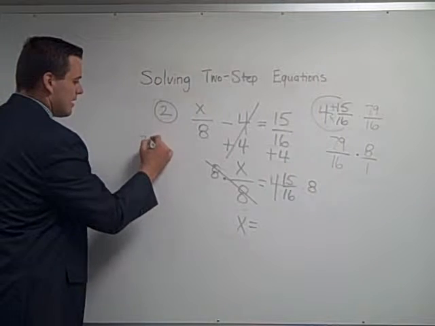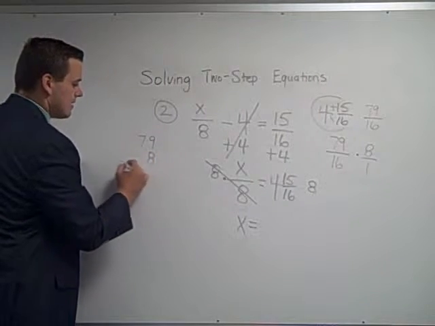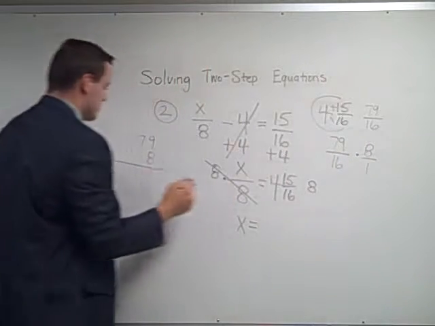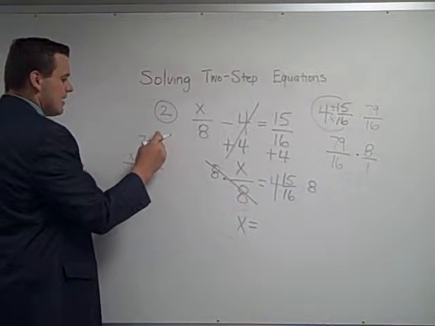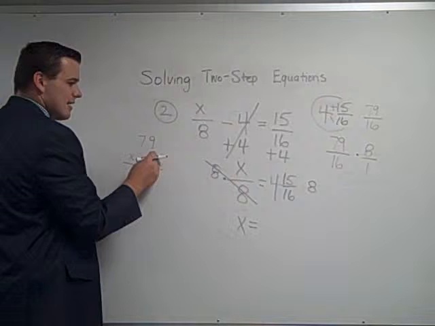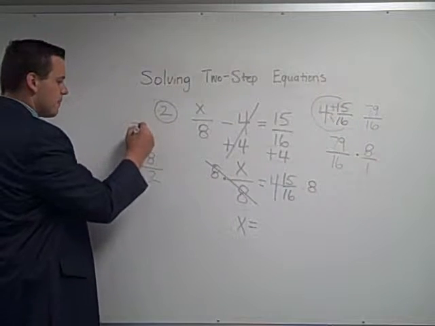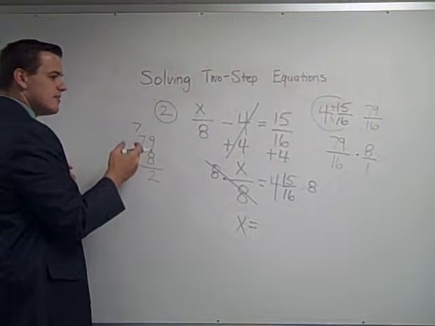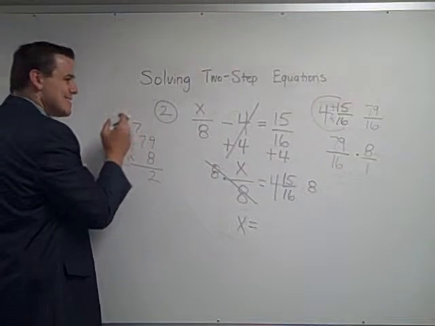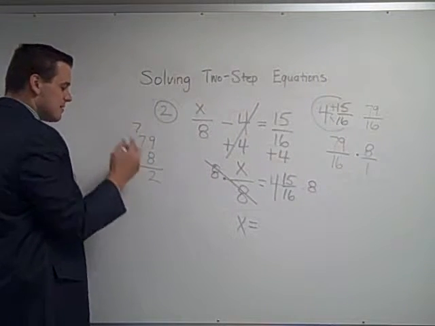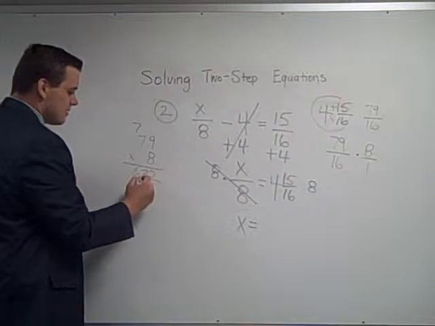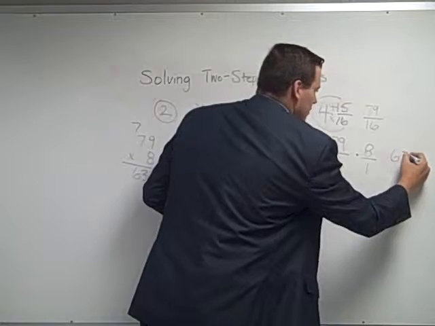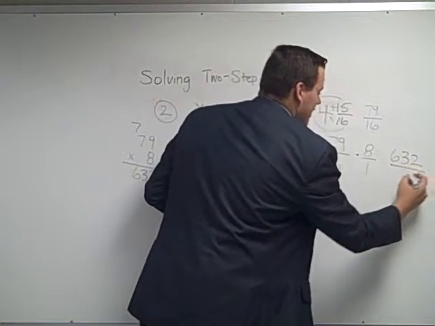So 79 times 8, because I have fractions now, so I can multiply numerators and denominators. 79 times 8. 9 times 8 is 72. 8 times 7 is 56. 56 plus 7 would be 63. So my numerator would be 632 divided by 16.